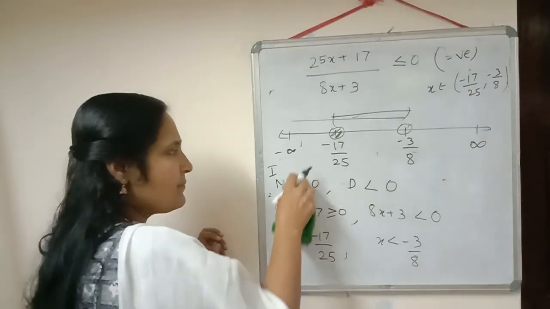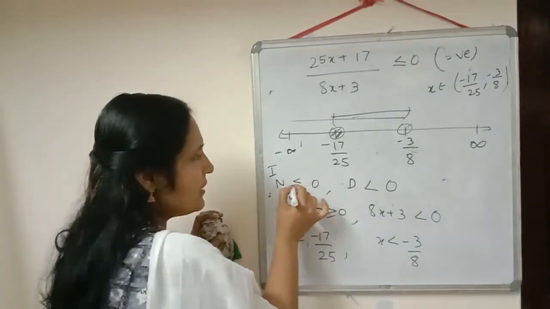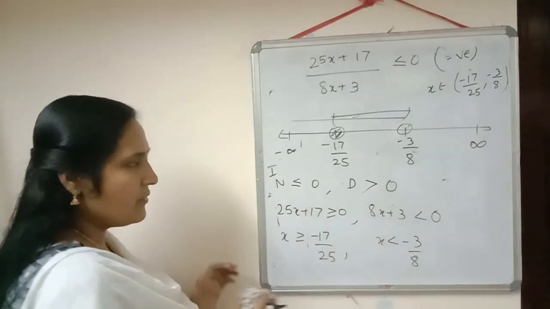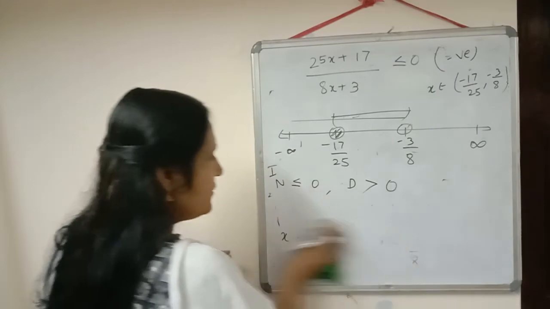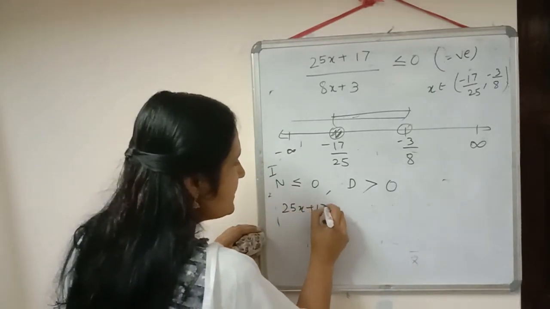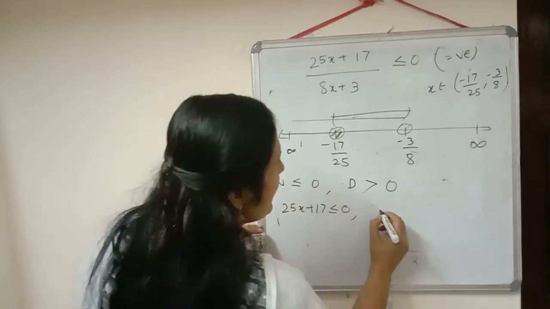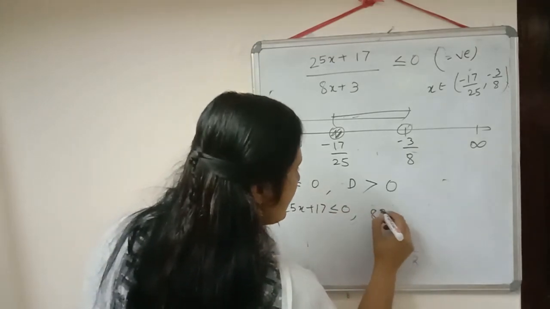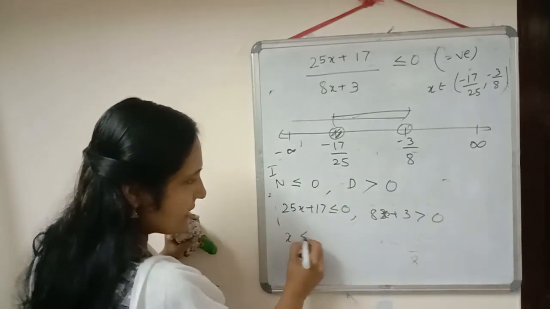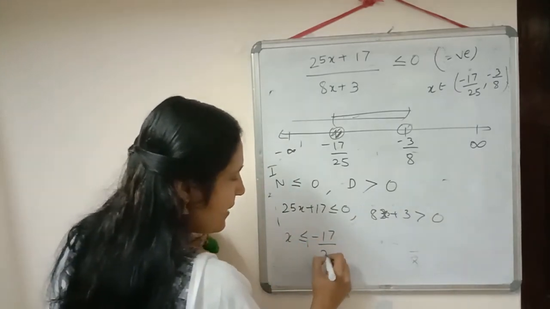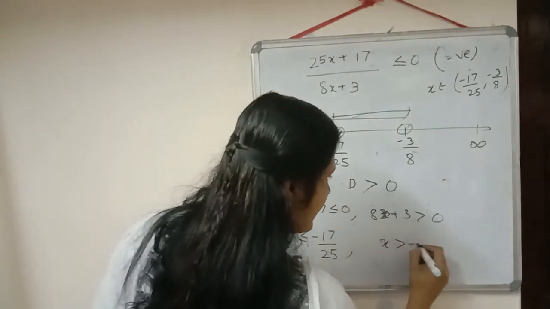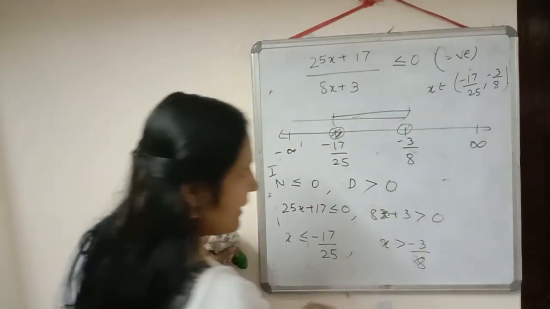Now reverse it. Numerator less than or equal to 0, denominator greater than 0. Then what will come? 25x plus 17 less than or equal to 0, and 8x plus 3 greater than 0. Then here we will get x less than or equal to minus 17 by 25 and x greater than minus 3 by 8.